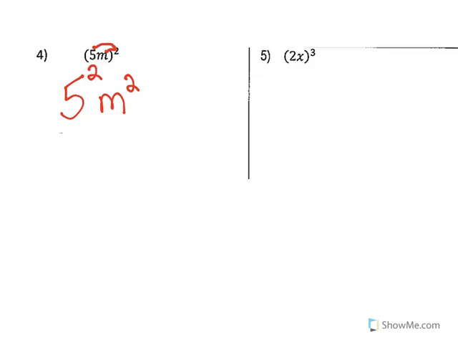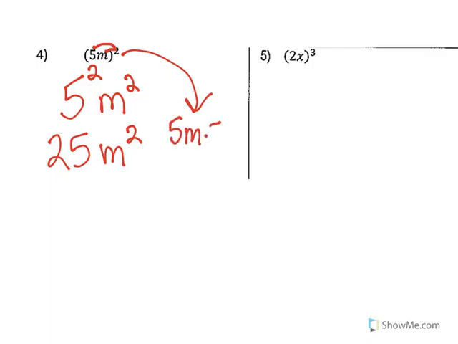You can do the 5 squared, 25. And then m squared just stays. I could have, if I wanted to do the shortcut way, do this 5m twice. But either way, you're going to get the same answer, 25m squared.